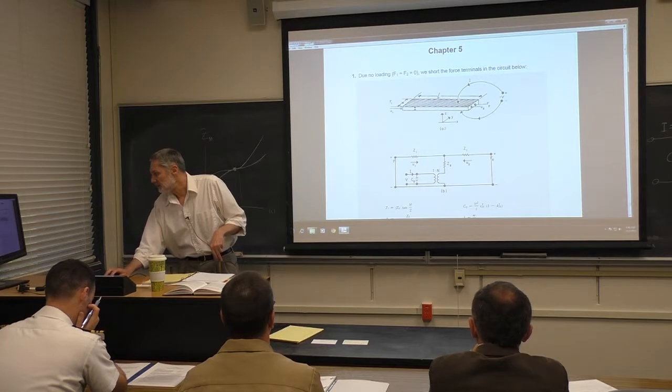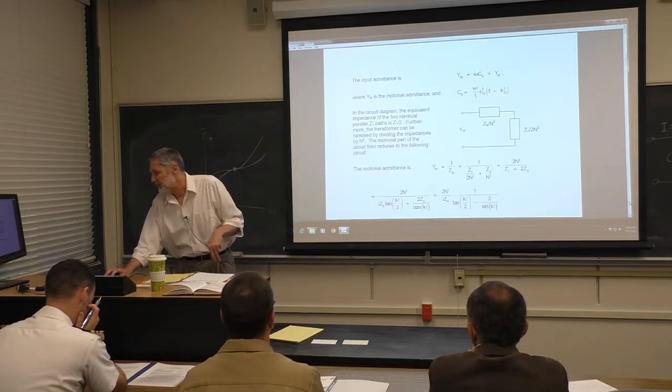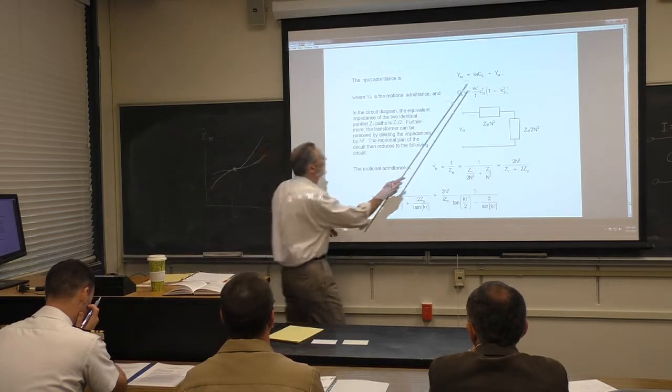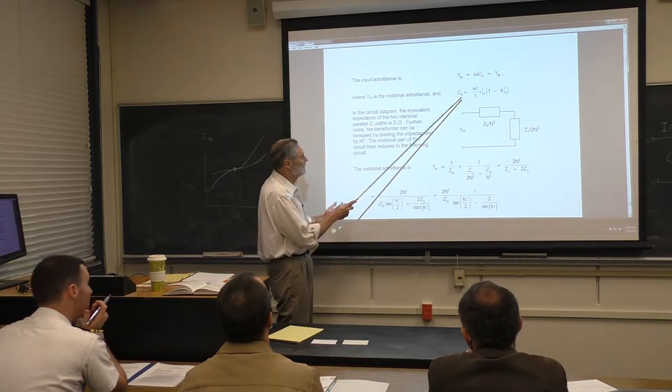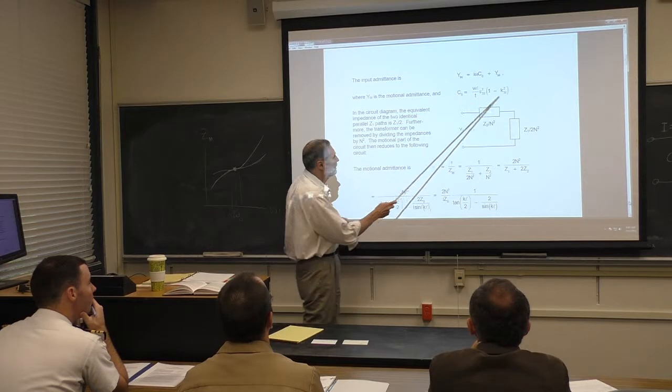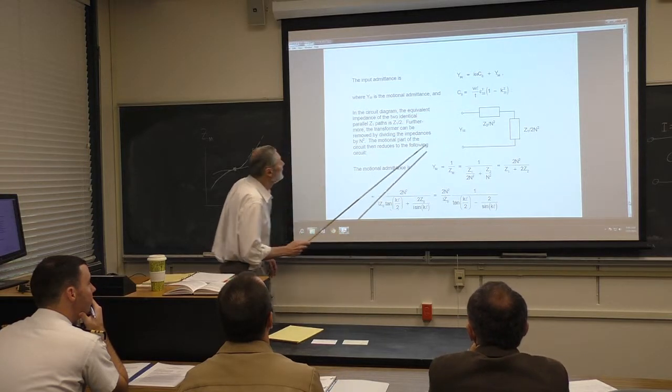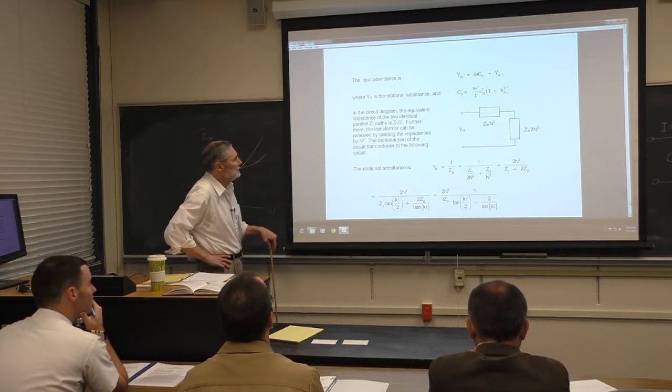We need to look at the motional admittance. It's going to be the sum of the admittances. Okay. We're given this. If you look on the diagram, you'll see in terms of the basic parameters, this is the blocked capacitance. And now we need to get the motional admittance.